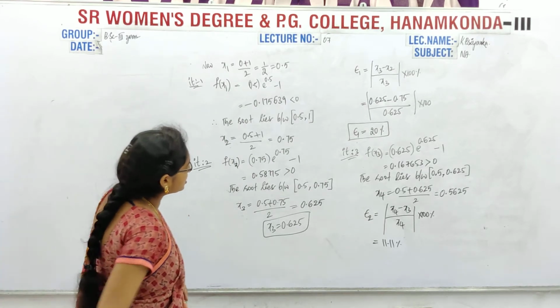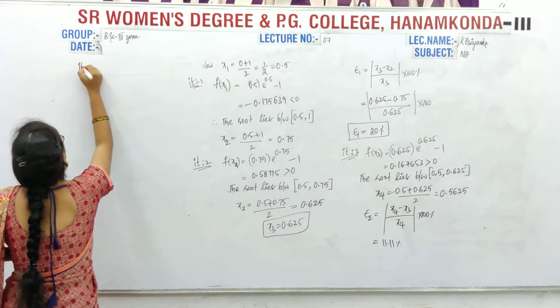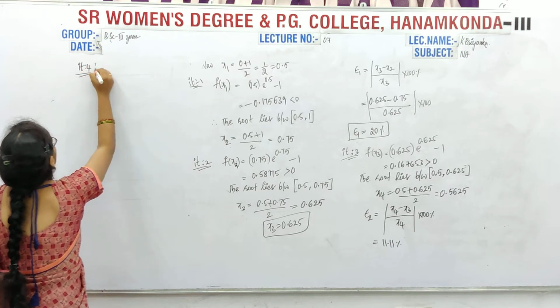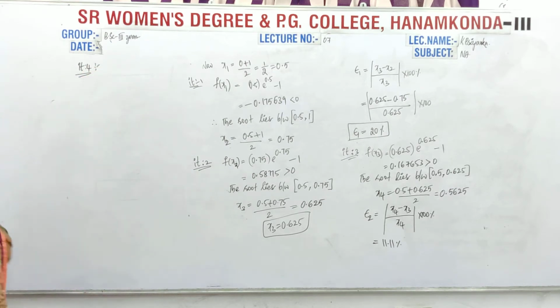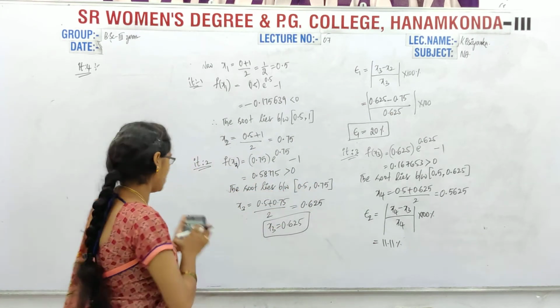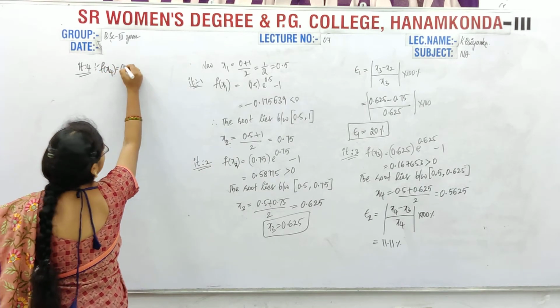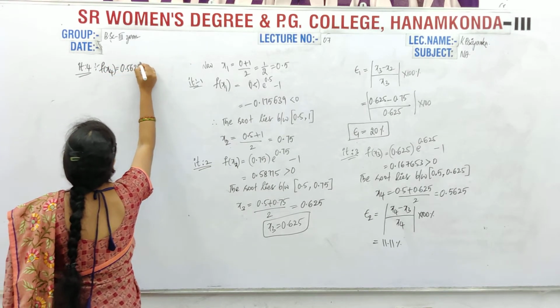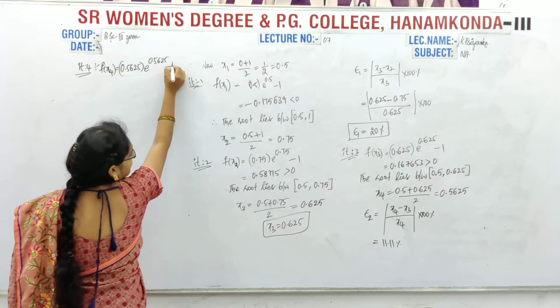So for the next iteration what we get? Iteration number 4. So now here in iteration number 4 what we have to take? We have to take that same thing, okay, functional value, that is f of x4 equals 0.5625 into e power 0.5625 minus 1.